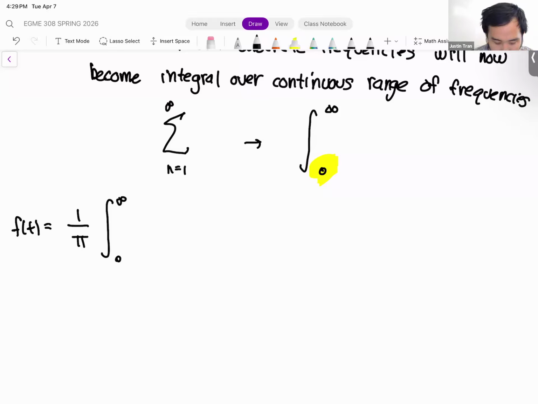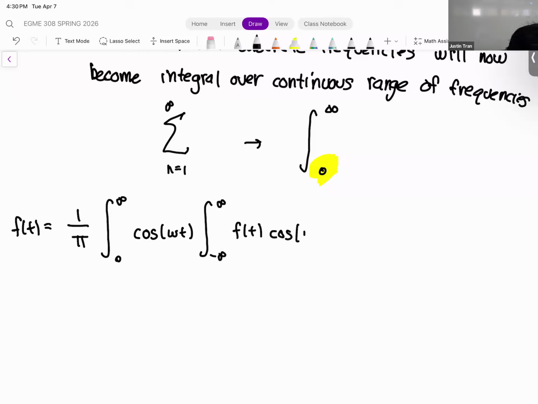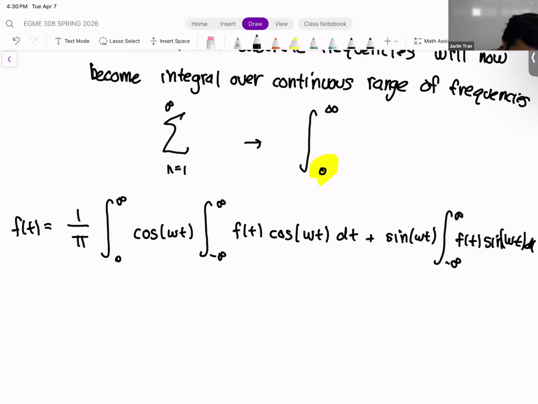All right, so our f of t here is 1 over pi, integral from 0 to infinity, cosine omega t, another integral from minus infinity to infinity, f of t, cosine omega t dt, plus sine omega t, integral from minus infinity to infinity, f of t, sine omega t dt.